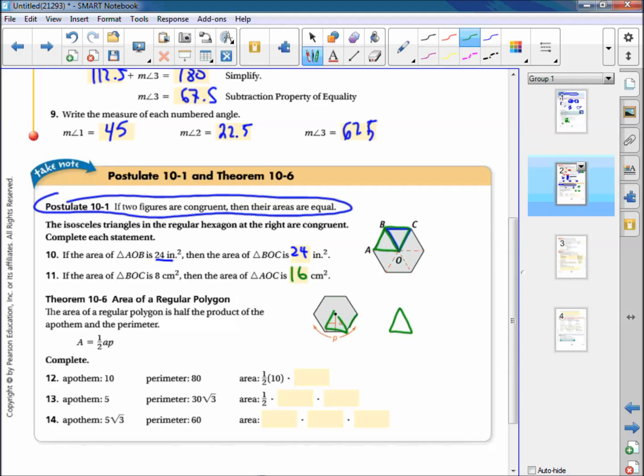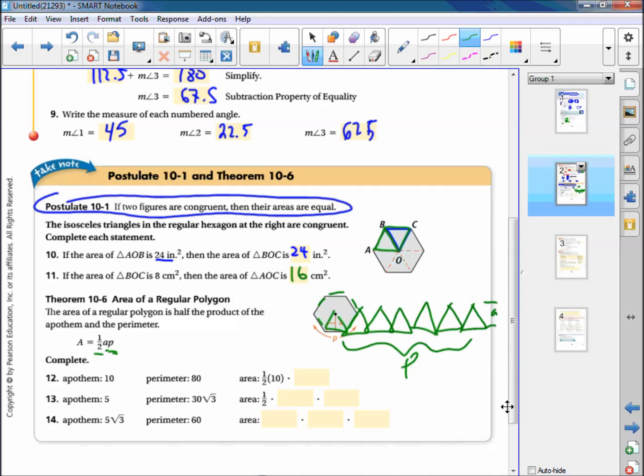And then since there are 1, 2, 3, 4, 5, 6 of them, we could build 6 identical triangles, okay, where the base of the triangles is the perimeter, and they all have the same height, which is the apothem. So the area of a triangle is the base times the height times 1/2. So there's our 1/2. There's the height of all the triangles, and the base of all the triangles is the perimeter of the shape. Okay.